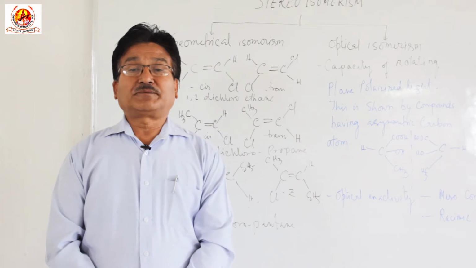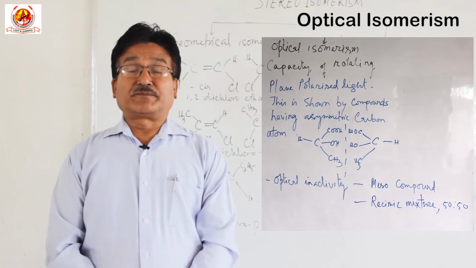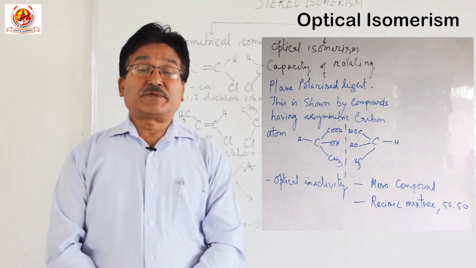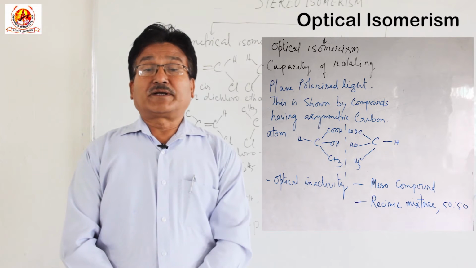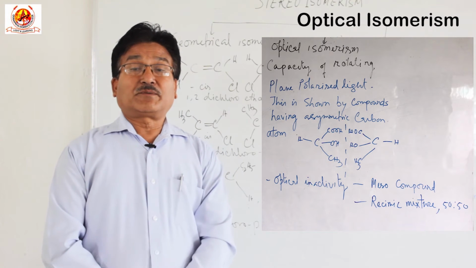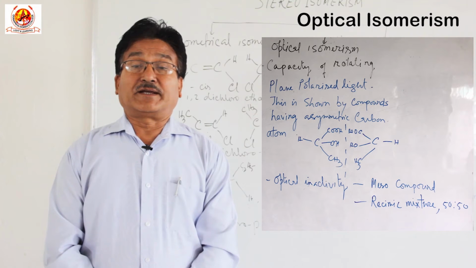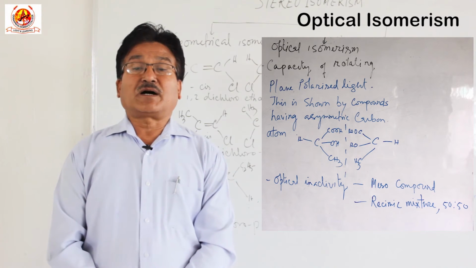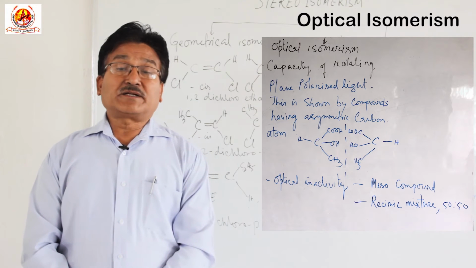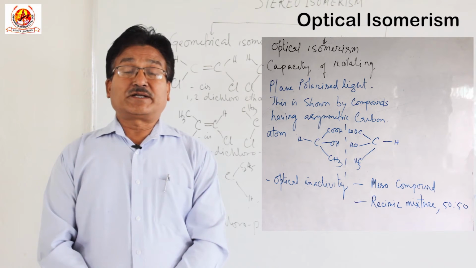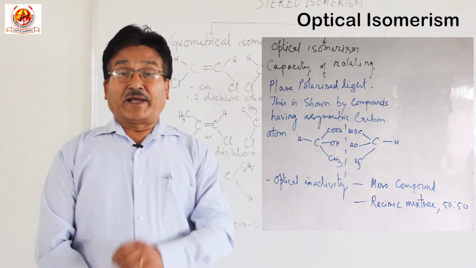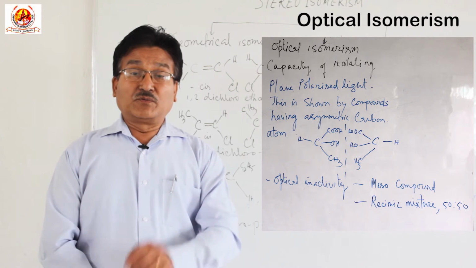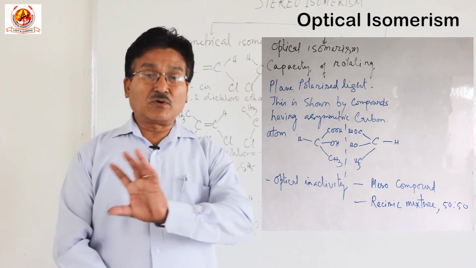In the case of optical isomerism, it is a phenomenon of rotating plane polarized light, shown by compounds having asymmetric carbon atoms. An asymmetric carbon atom is a carbon atom having four groups attached, all of which are different.